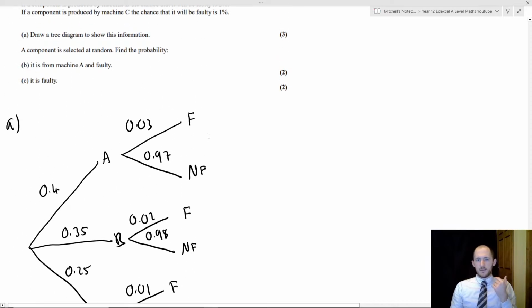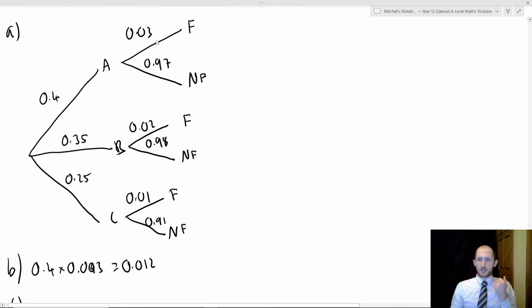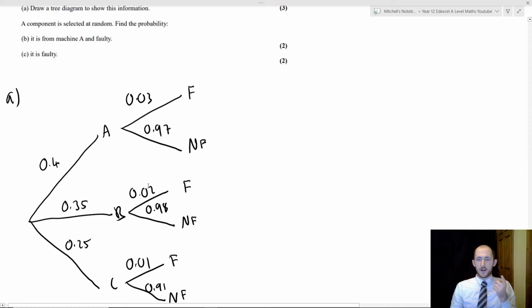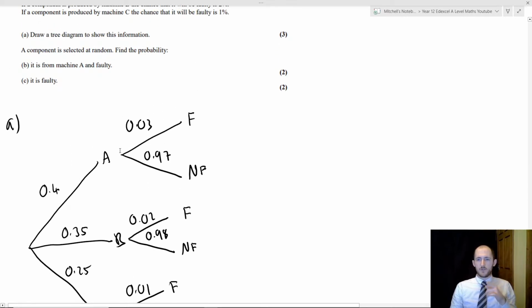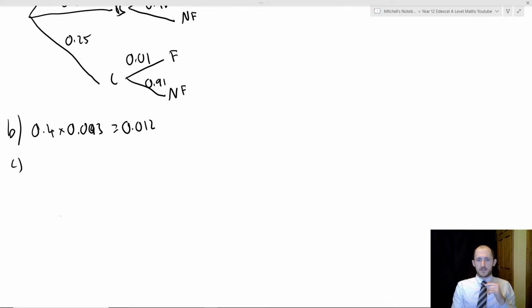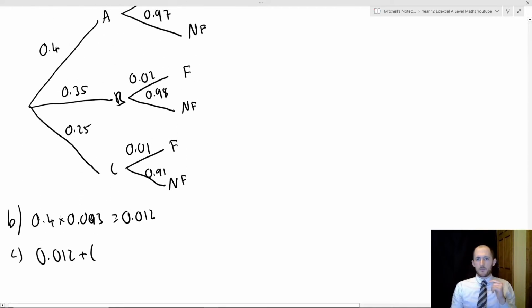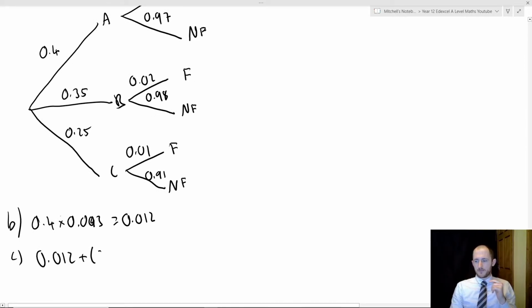Part C, that it's faulty. Great. So there are three ways, right? It's A and faulty, B and faulty, C and faulty. However, we've already worked out A and faulty as 0.012, so that gives us one fewer thing to work out. But then we want B and faulty, which is 0.35 times 0.02, plus 0.25 times 0.01.